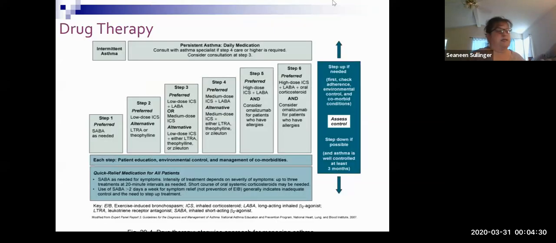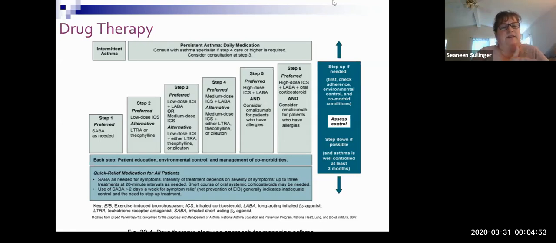Okay, so then this is a visual for how you might manage asthma. And so if you have intermittent asthma, it tells you to consult with your specialist. Step 1 is using a short-acting beta agonist, and then moving it up.